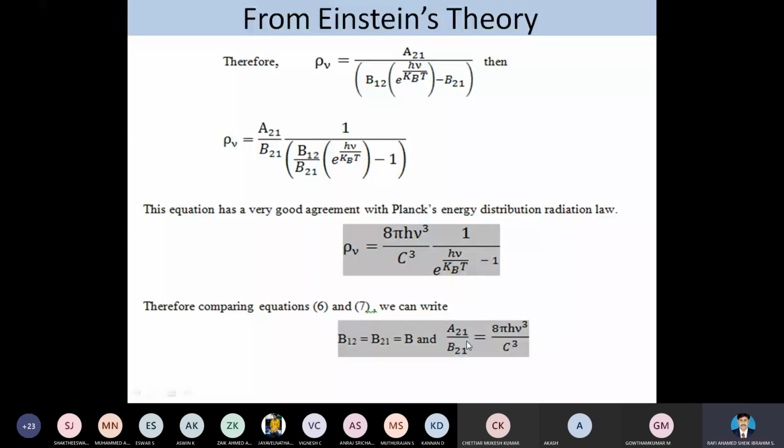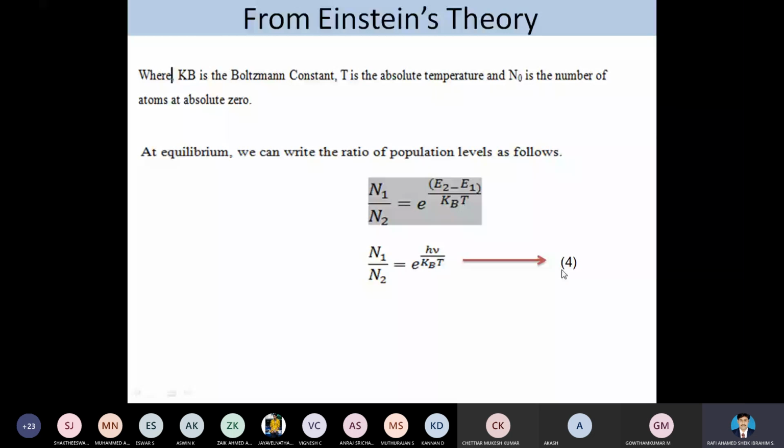So I will stop up to condition number 4. If you have any doubt up to this condition number 4, you can raise your doubt.